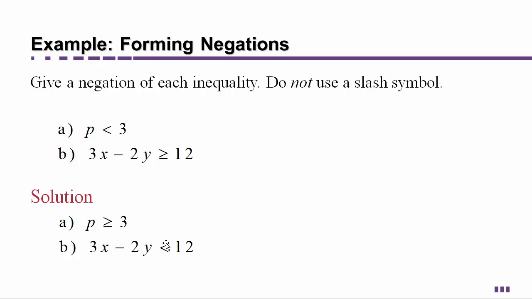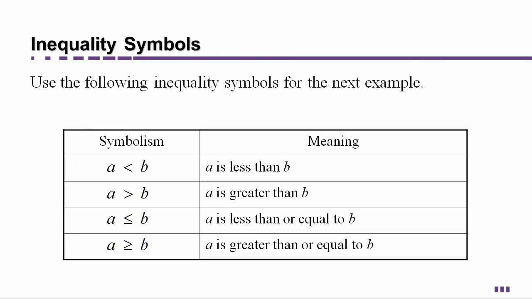So greater than or equal to goes to less than. So if you think about it, basically what's going on is you can pair these things up. Less than and greater than or equal to are complements, right? They're negations of each other. And greater than and less than or equal to are negations of each other, complements of each other.